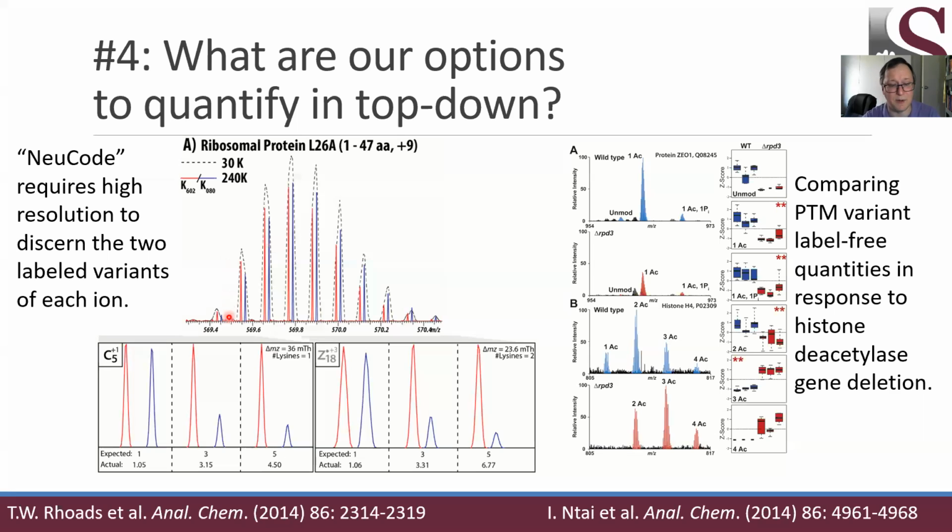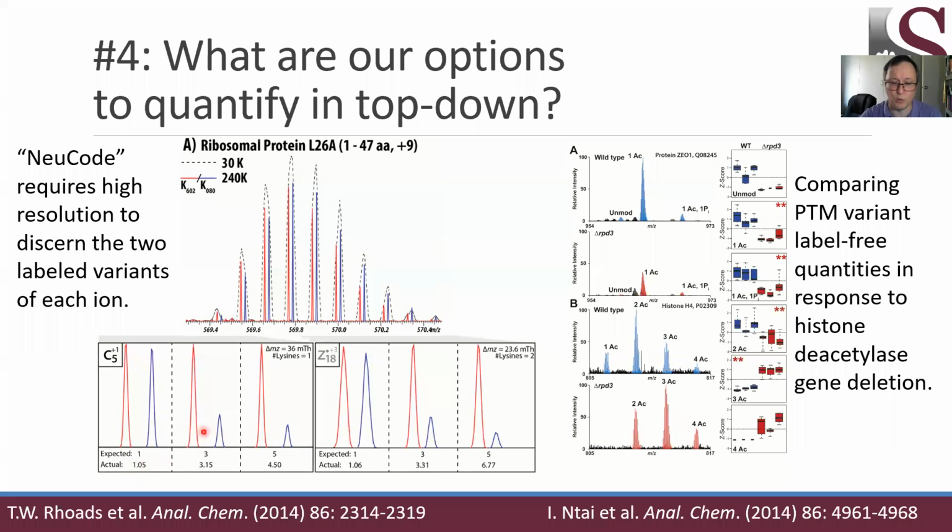And they did a nice experiment where they mixed together samples in known ratios to ask whether Nucode was giving back correct ratios. Here they had mixed together 2 samples 1-to-1. Their actual estimation based on the data was a ratio of 1.05, so 5% away from truth.